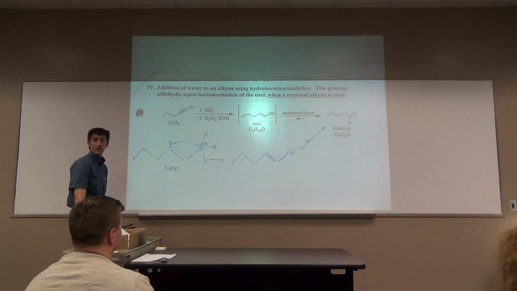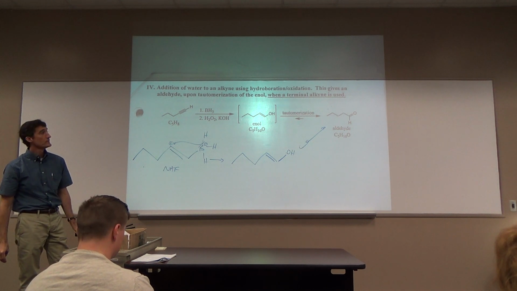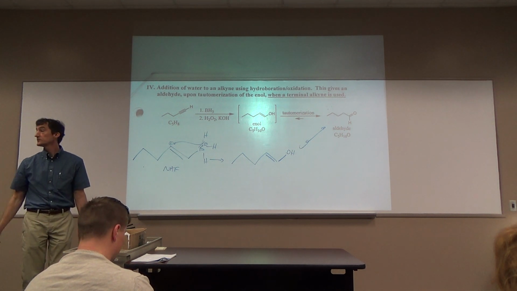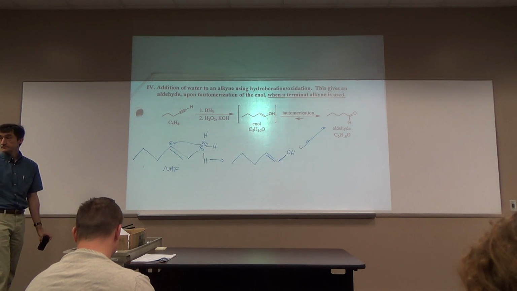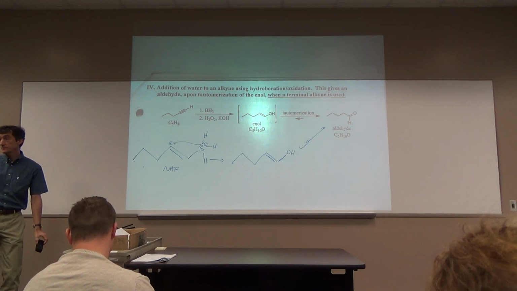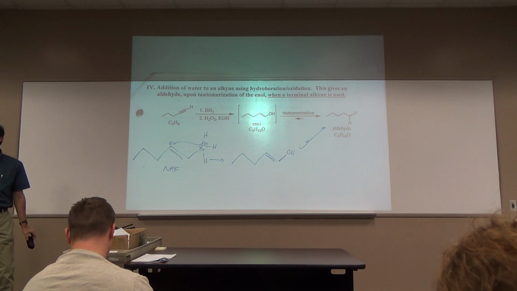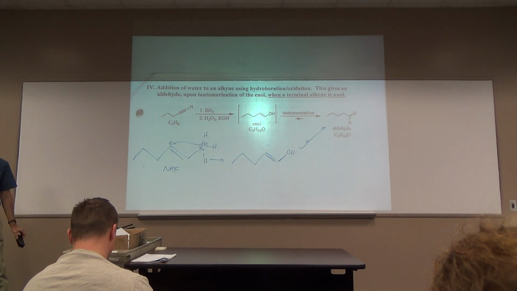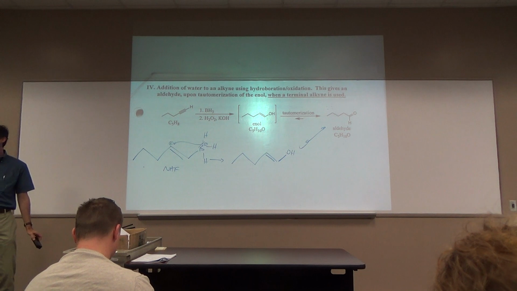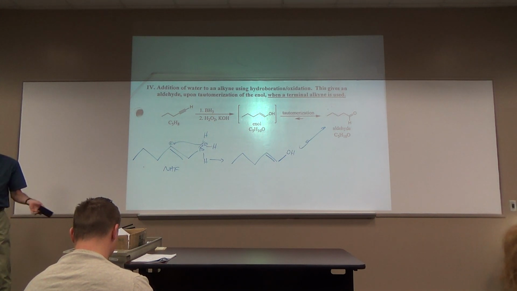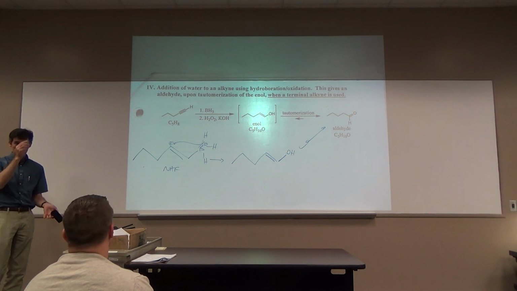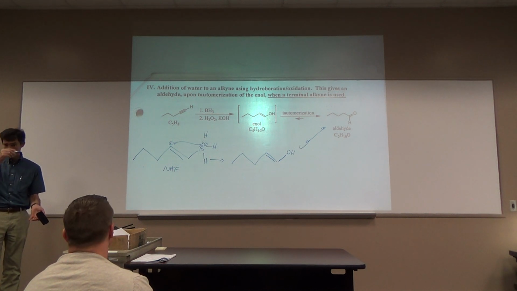So should we do the mechanism, or are you not doing that? Well, there's two types of questions. Predict the product doesn't require a mechanism. That doesn't mean you shouldn't be doing it on your scrap paper, because the mechanism is like in math. What's 68 times 93? Well, I may just ask you to give me the answer. That doesn't mean you don't use your scratch paper and do your formula and come up with the answer.